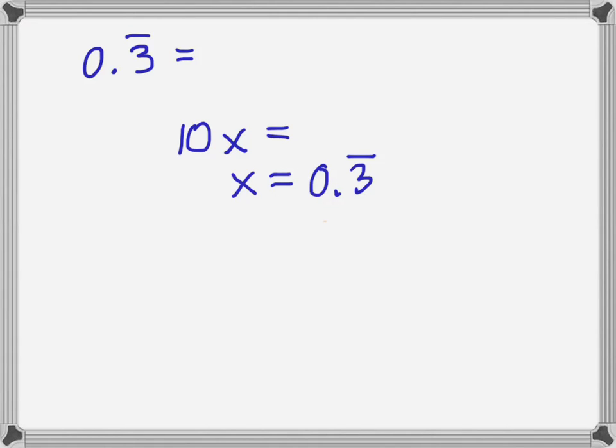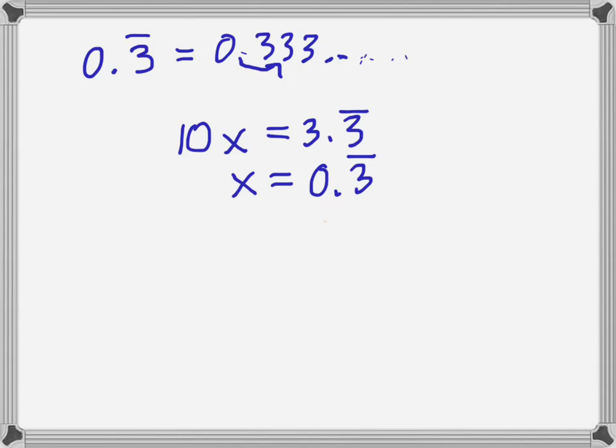Now think about this decimal. This is 0.33 repeating forever. If I multiply that by 10, that's just going to move the decimal over one spot, but then I still have all of these 3's repeating forever, and I haven't really changed that fact. I've just moved one more of them to the left of the decimal. So that would actually equal 3.3, and it would still be a repeating 3.